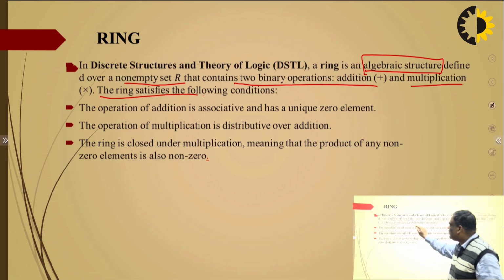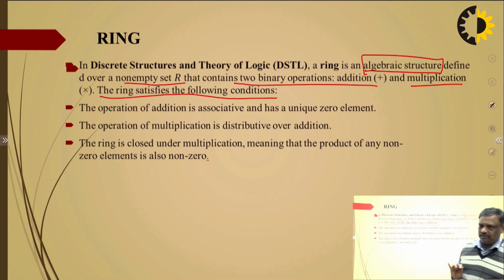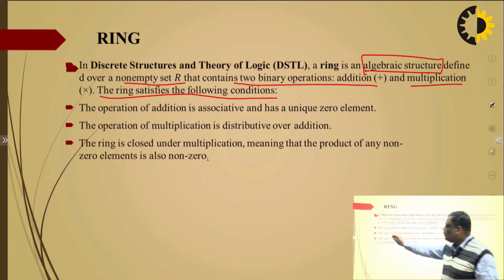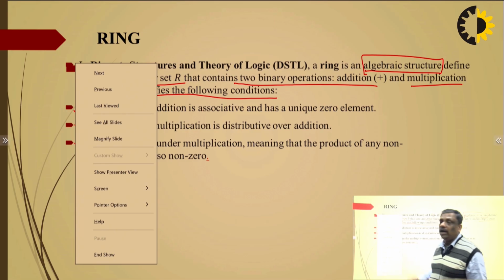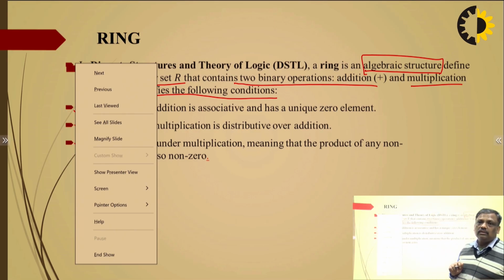The ring satisfies the following conditions. So first we understand an algebraic structure with two binary operations, and these two binary operations are addition and multiplication only. If these properties hold, any algebraic structure is known as a ring.